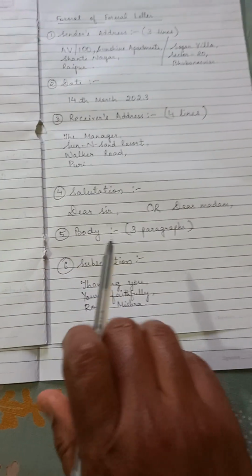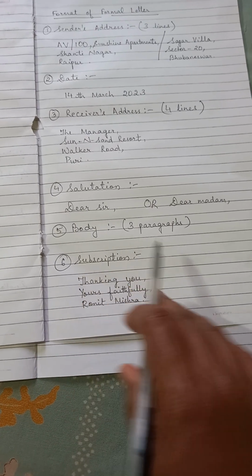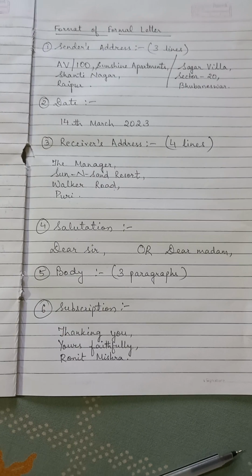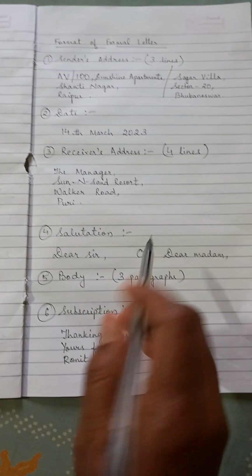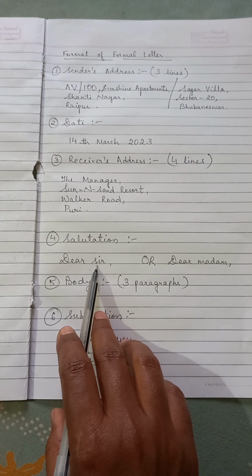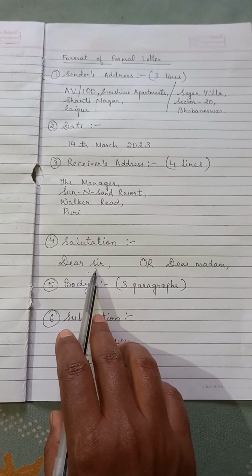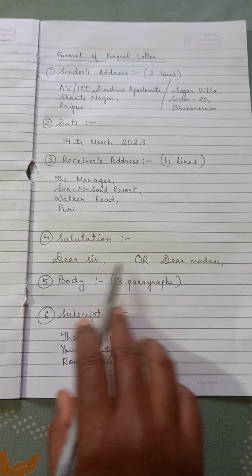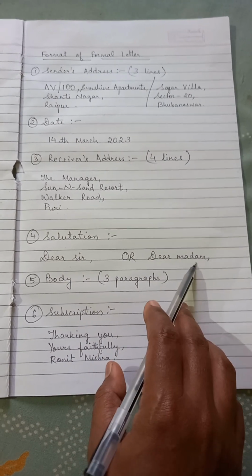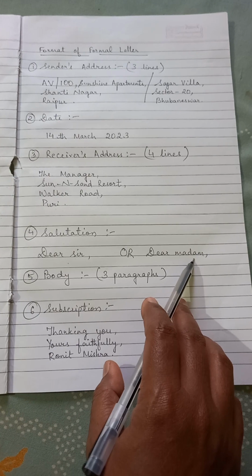Now the salutation will have only 2 ways of writing. Either if you are writing to a male person, it should be Dear Sir, or if you are writing to a female person, it should be Dear Ma'am or Dear Madam.